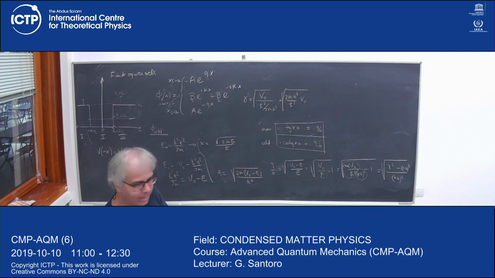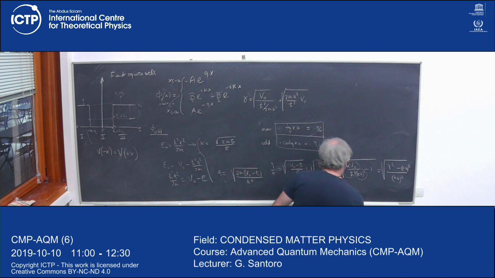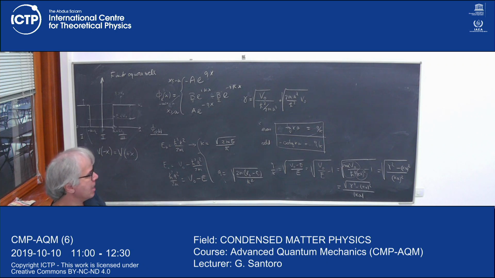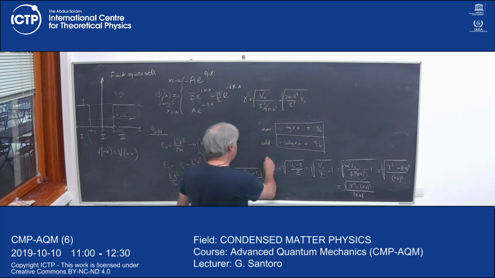Do you agree? One final thing? Yes, why not? Square root of gamma square minus Ka square divided by Ka. Well, this is useful. Fantastic. This is K over Q.